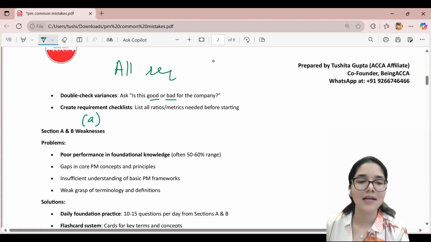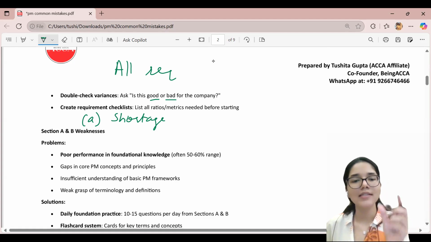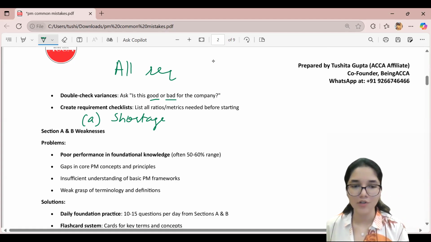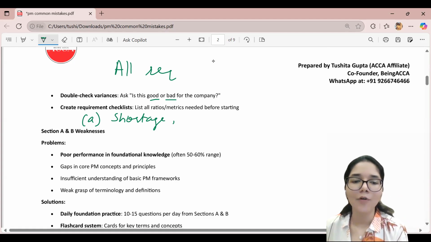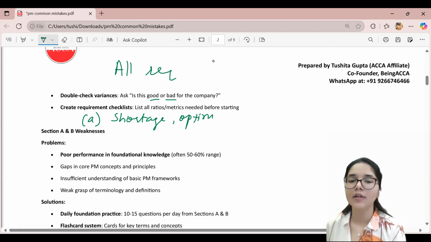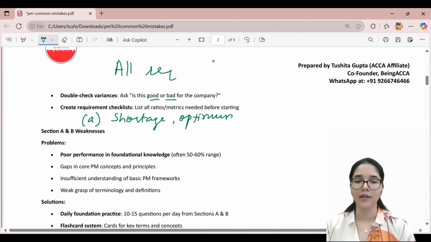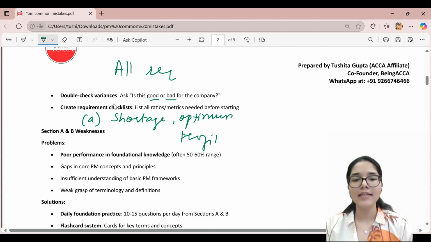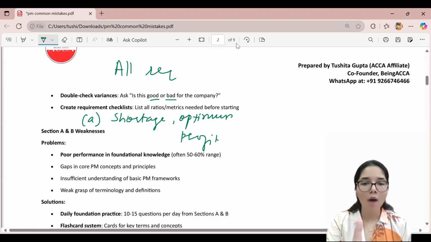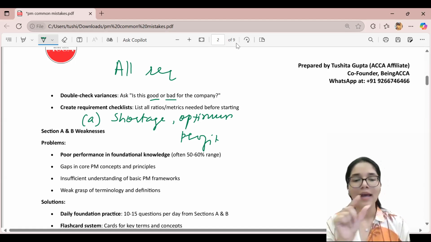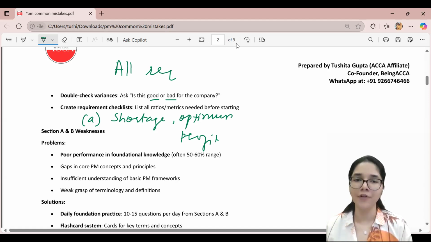We were talking about a limiting factor question. Firstly, the question wanted us to calculate the shortage of the resource. Then they wanted us to calculate the optimum production plan. And then they wanted us to calculate the profit that we will be getting after following that particular plan. So this requirement had shortage, comma, optimum, whatever they want, and then, and total profit for this month.